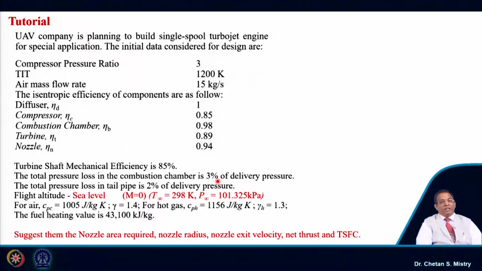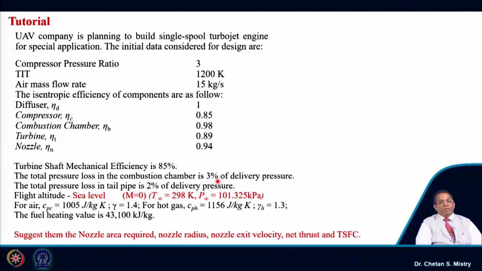Here this is designed for the flight condition of sea level, that means a non-flight condition. So, M infinity will be 0, temperature is 298 Kelvin, pressure is 101.325 kilopascal. It says assume Cp of air as 1005 joule per kg Kelvin, and take gamma equal to 1.4 for air.